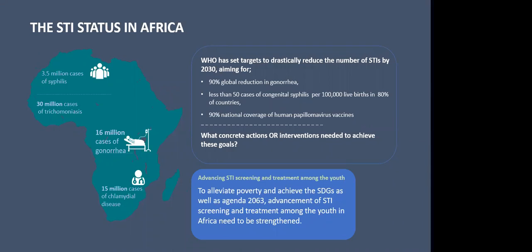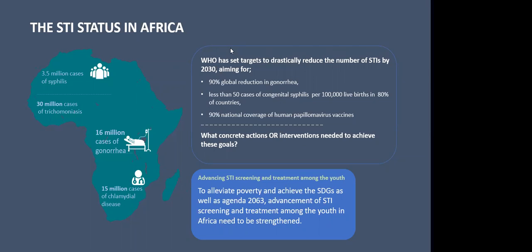Then effective diagnosis, treatment, and counseling of the infected persons come into play. And I will also want to echo the pre-exposure vaccination of persons at risk for vaccine-preventable STIs that we normally have.